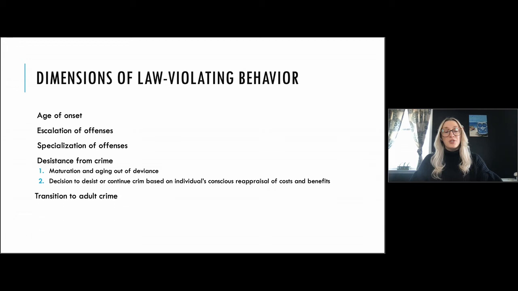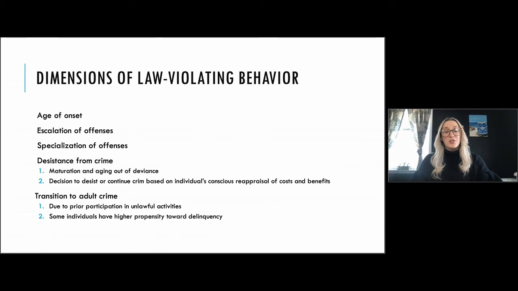We then move into the transition to adult crime. So there are three main groups: those that offend only in adolescence, those that offend only as adults, and those that offend in both adolescence and adulthood. A higher propensity to offend has actually been found to be related to poor parental supervision, parental rejection, parental criminality, delinquent siblings, and having a low IQ.